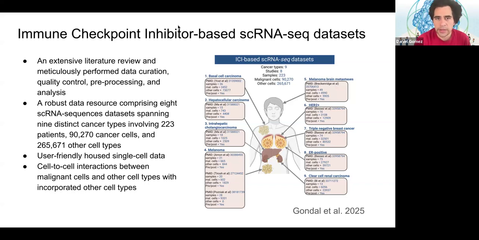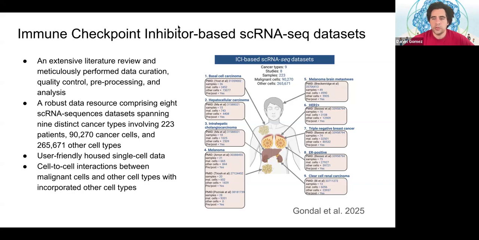So the cancer types are basal cell carcinoma in Yost et al., hepatocellular carcinoma in Ma et al., intrahepatic cholangiocarcinoma in Ma et al., and melanoma in Arnon et al. The fifth one is melanoma brain metastases in Breckenridge et al. And HER2 positive in Bassez et al., and then triple negative breast cancer in Bassez et al.